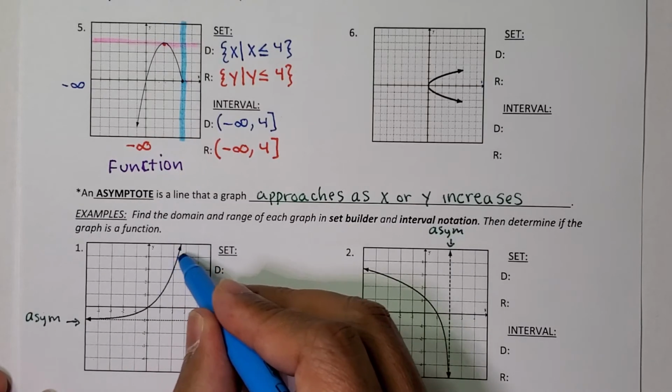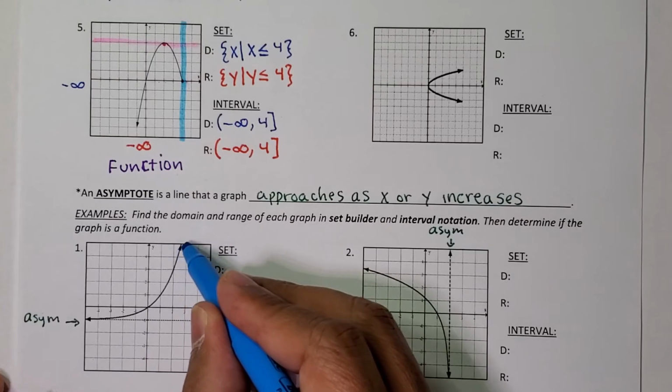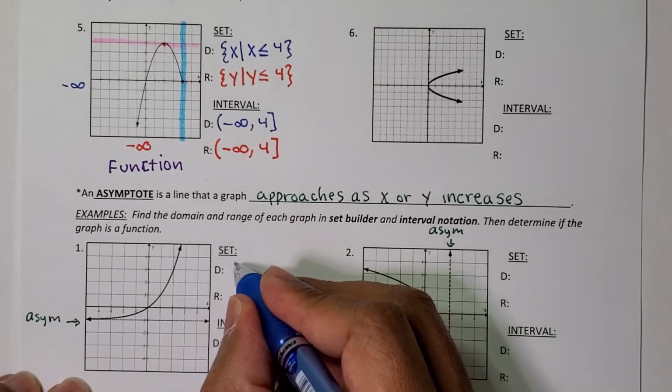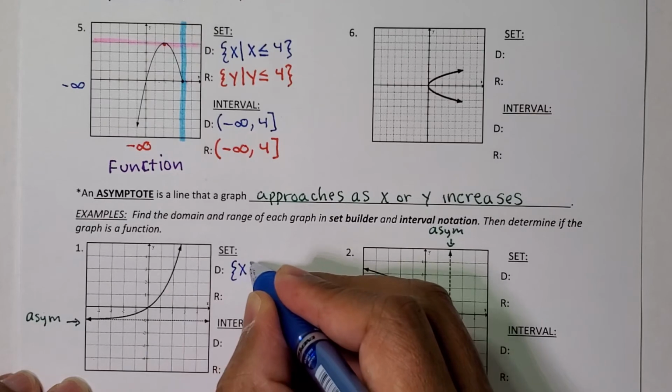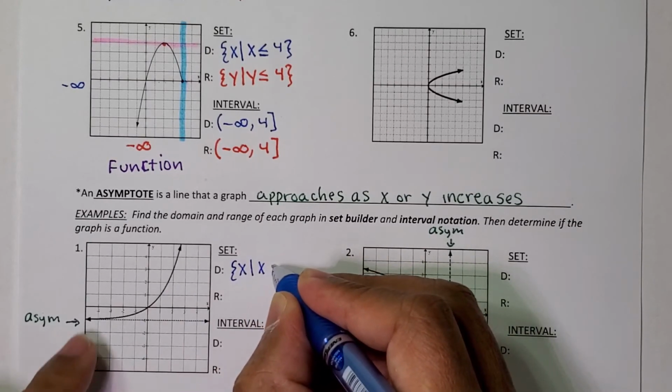And again, don't get confused. When it comes to domain, you're not looking at whether the graph is going up or down. So for domain, I'm going to come back to lesson 1, I believe, from video 1: x such that, okay, this means that you are going to use all real numbers.